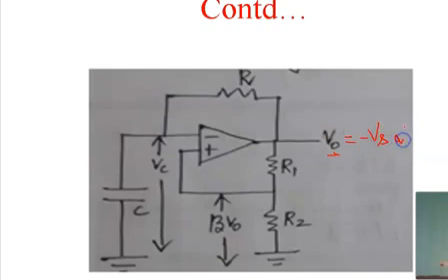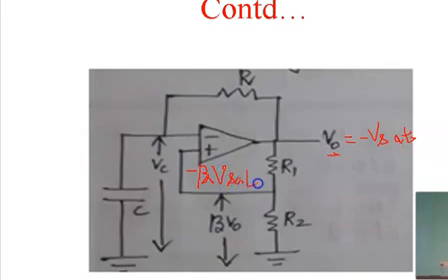Now, with the output voltage equal to minus V saturation, the voltage at the non-inverting terminal of the op-amp becomes beta into minus V saturation, that is, minus beta into V saturation.